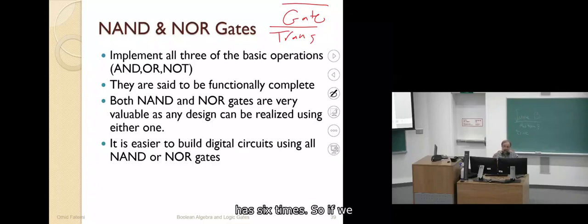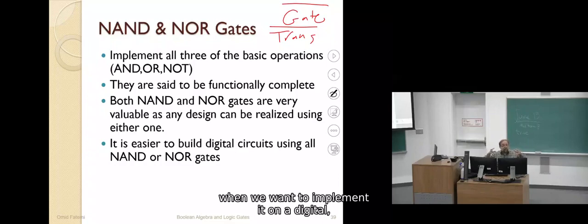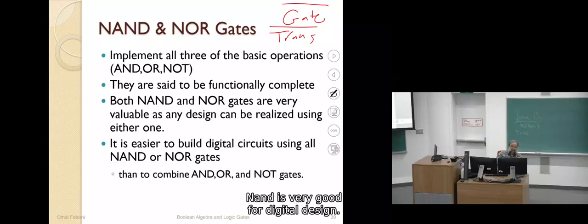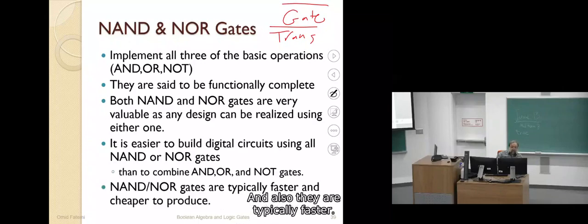So if we have a Boolean function that we want to implement as a digital circuit, it will be very good if we could build it using NAND gates. NAND is very good for digital design, and also, they are typically faster. NAND is faster than AND.